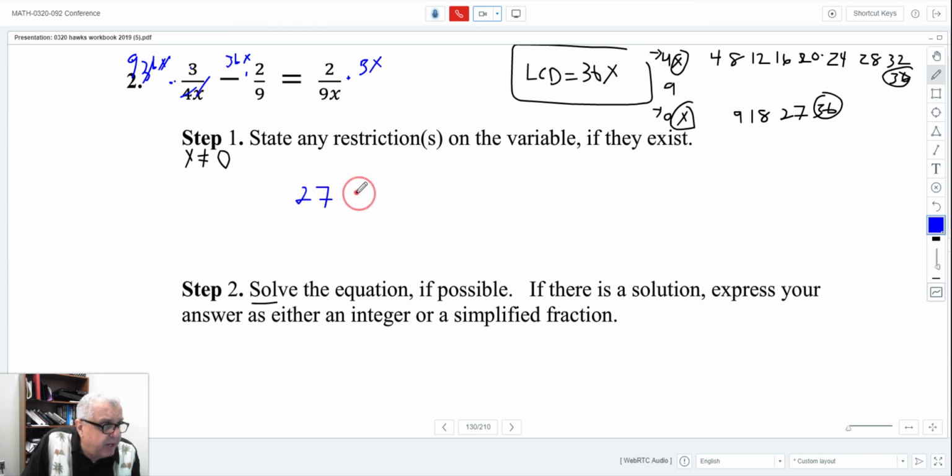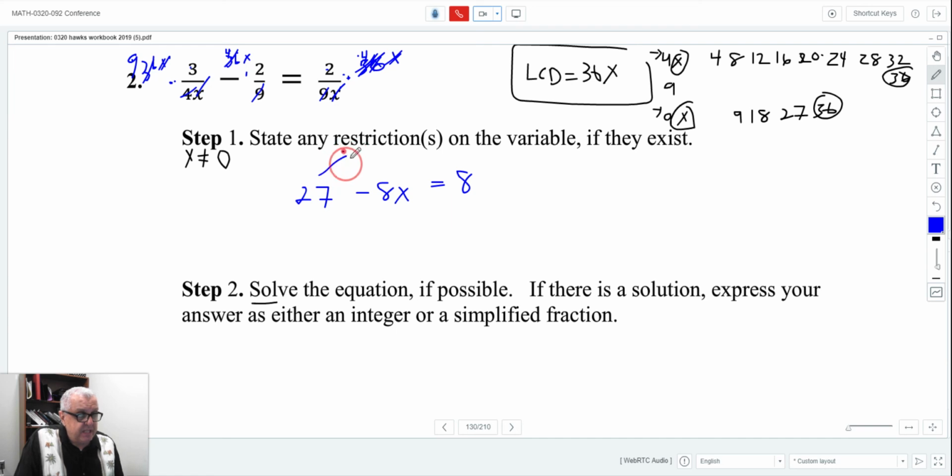There's nothing left on the bottom. 9 goes into 36 4 times, so I have 4x times 2, which is 8x. And here, wait, that's not right. I multiply by 36x, so I put 3 times 36x. The x's cancel, and 9 goes into 36 4 times. 2 times 4, what's left over is 8. Okay, so this is what we end up with.